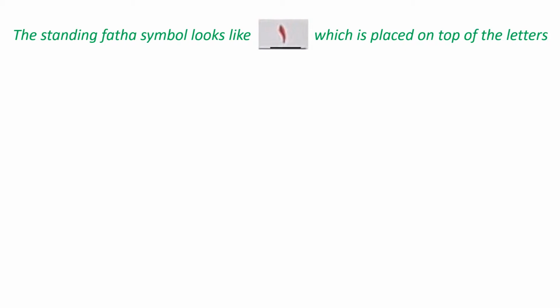When we were in Maktab, we used to say kara zabar, kara zer, kara pesh, but we prefer now to use the Arabic terminology, which is fatha, kasra and dhamma. So we're just going to be sticking to standing fatha, standing kasra, standing dhamma, just to make it simpler and easier to understand. So let's look at the examples.